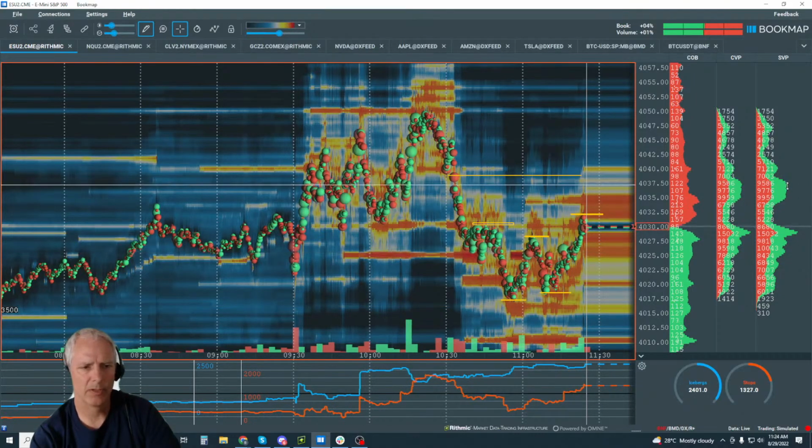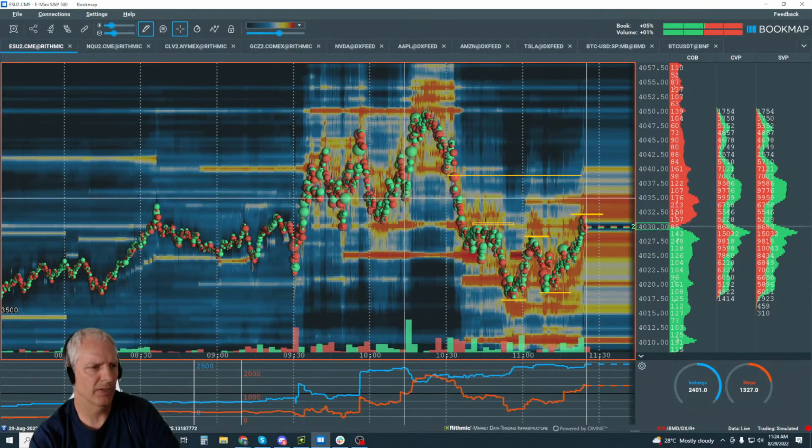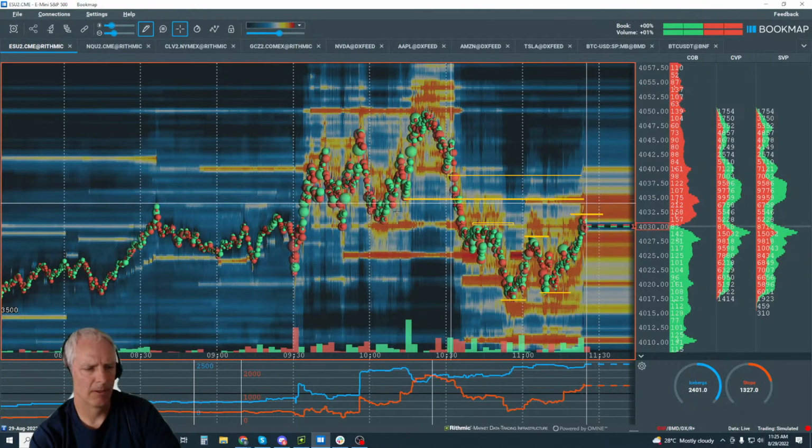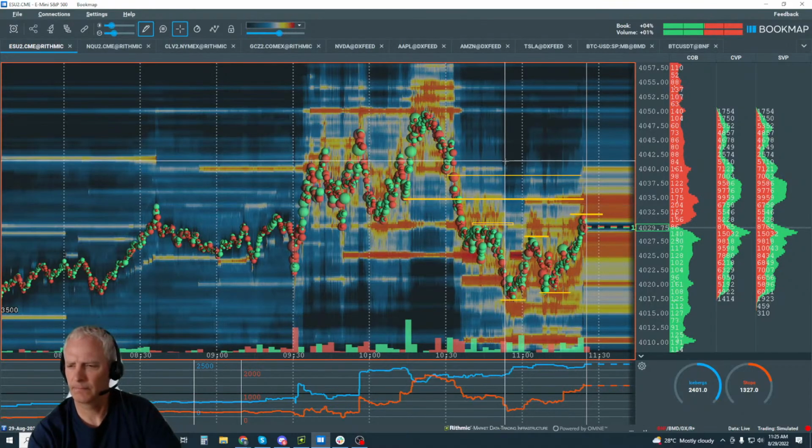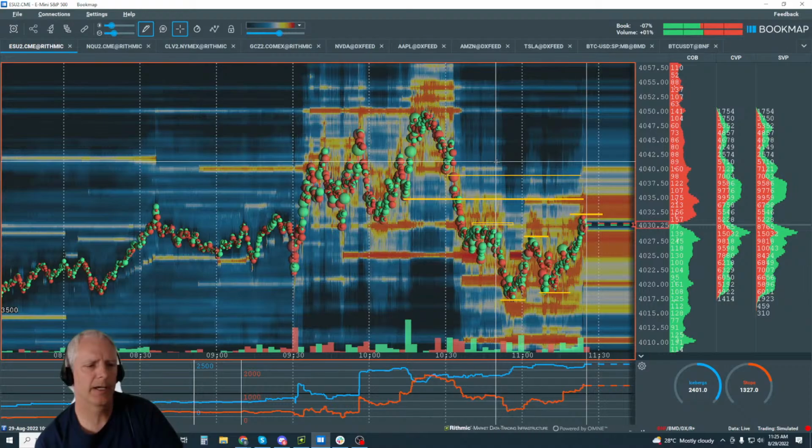Okay, high volume nodes in here as well, or just most traded levels. Here's another one in here, 35 and 38 or 39. So we'll keep an eye on it and see if we can reach these levels in here.